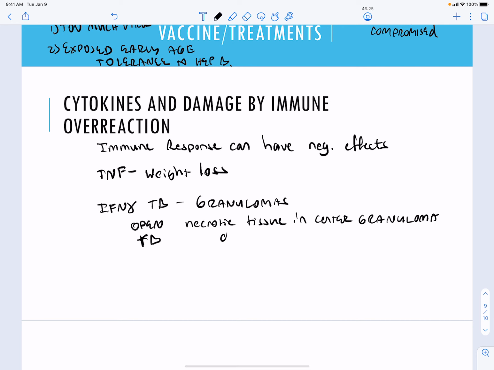And this is due to a lack of oxygen. Basically, the macrophages in the center don't get oxygen, so they die, but they're loaded with tuberculosis. And then you cough this up, and this is going to spread the infection.